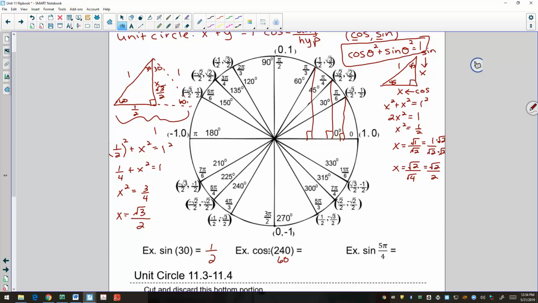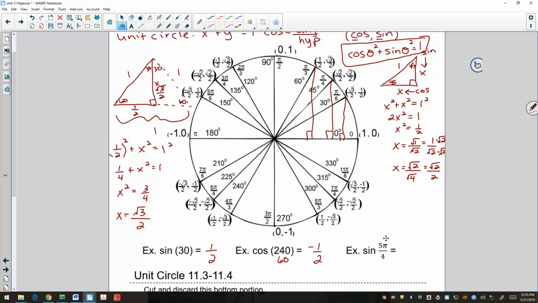You could just look at this chart, but you're not always going to have this chart. You're going to have it memorized. So if you know that 240 is the same as whatever 60 is, well, the cosine of 60 is 1/2, but it's going to be negative in this quadrant because we went to the left, so it's going to be negative 1/2.